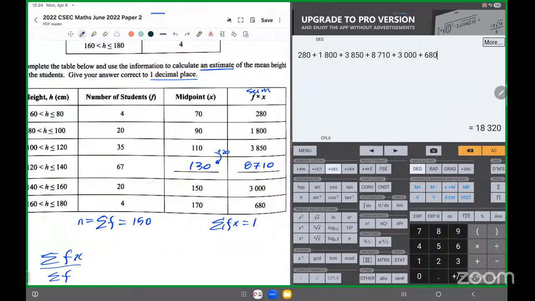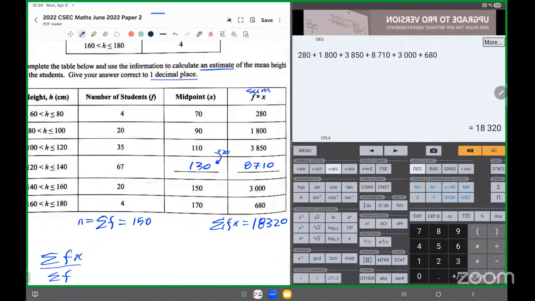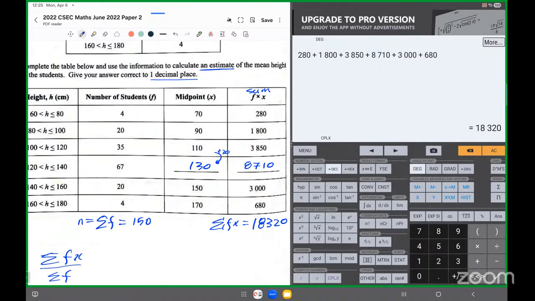So we're getting 18320. It's the sum of the height of all 150 students, approximately, but we use a class midpoint to represent each class. Just looking back at the values, make sure: 280, 1800, 3850, 8710, 3680.